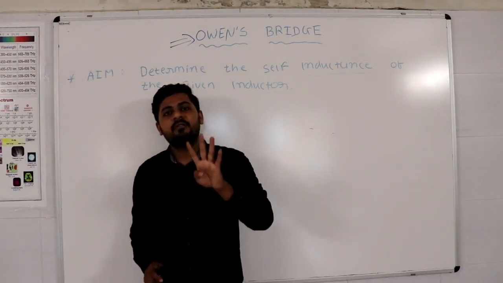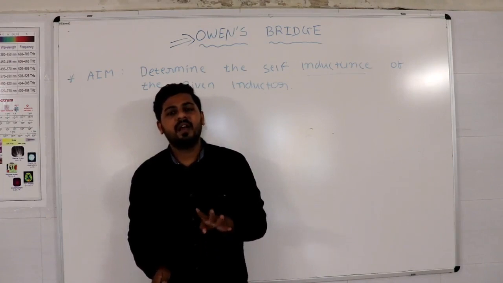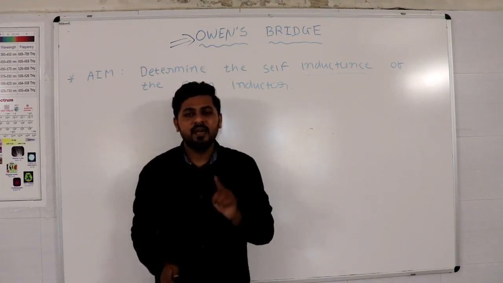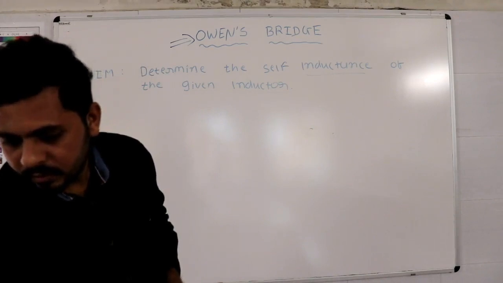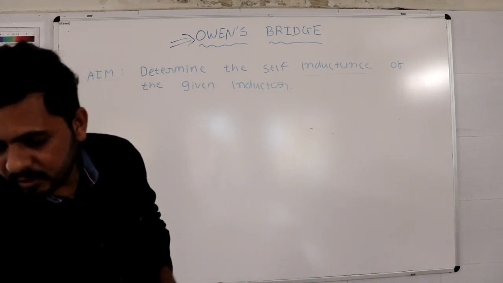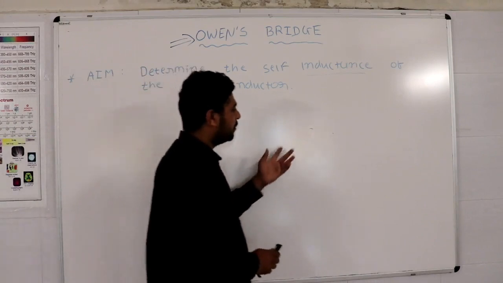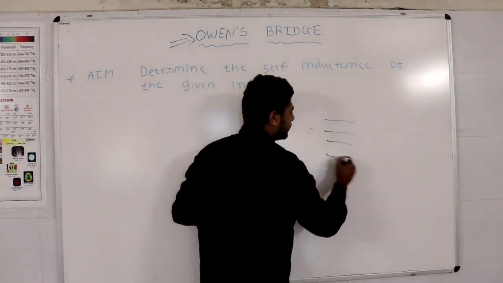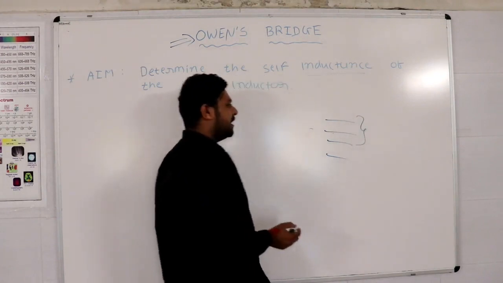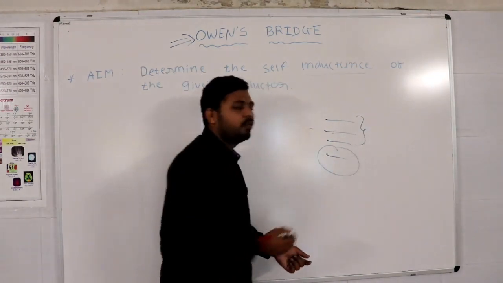If you know the value of components at 3 arms, then you may calculate the remaining arm's value.